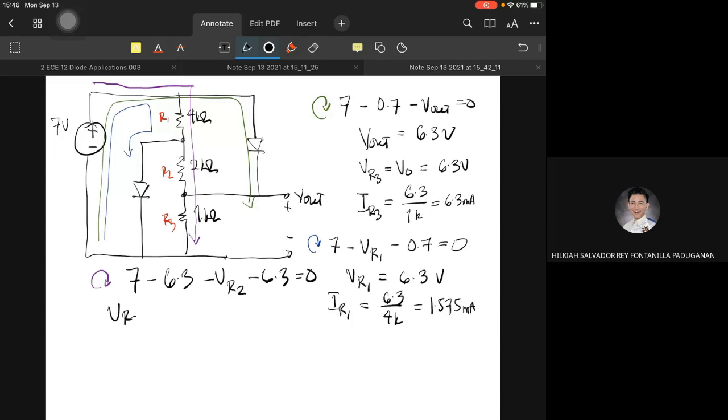So VR2 is 7 minus 6.3 minus 6.3, which is negative 5.6. So what does this imply?